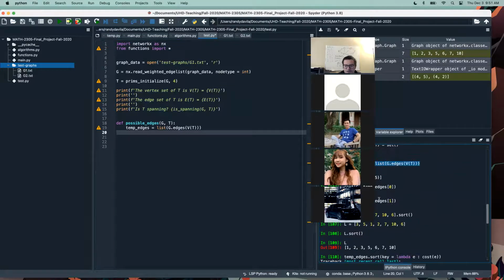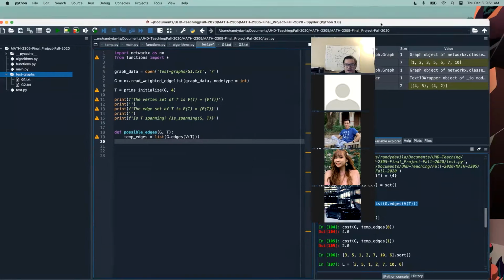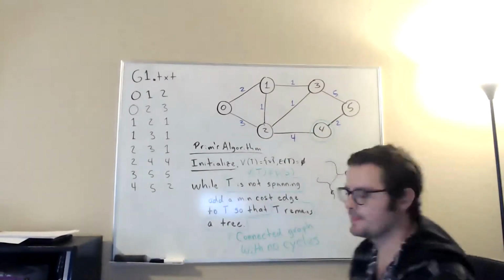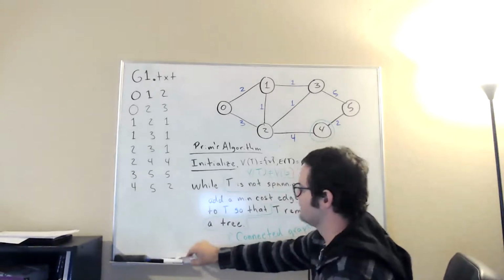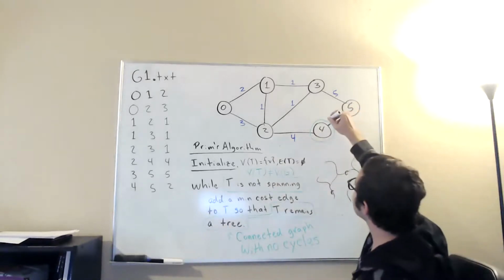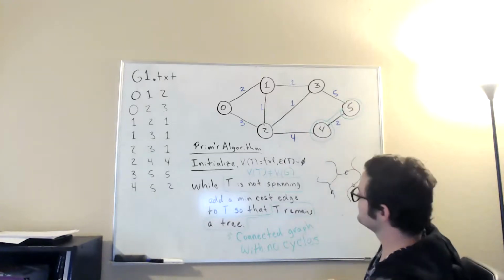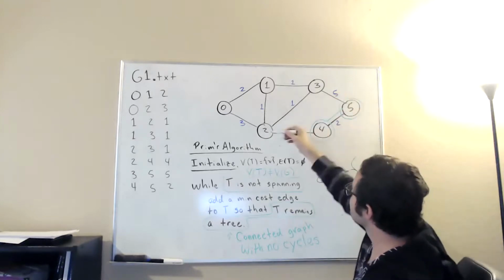Okay. But now we've run into a problem because I know we're running out of time, but suppose we're iterating through Prim's algorithm, right? So here we would add that edge there. And then that's a possible edge, that's a possible edge.